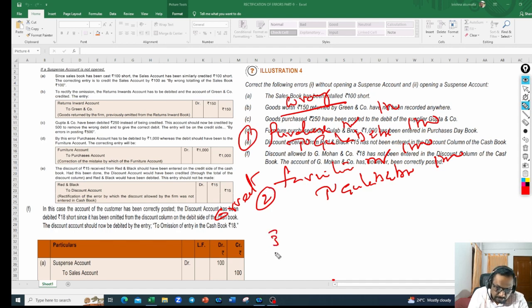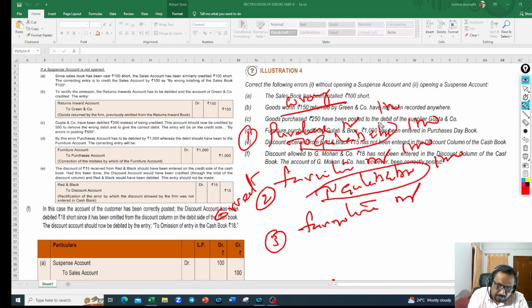Now we need to post a rectification entry. Which account are we supposed to debit correctly? Furniture account. So debit furniture account first. For Gulab, there is no mistake, so no need to talk about it. Furniture account is supposed to be debited, and I debited it. But what account did they debit instead of furniture?